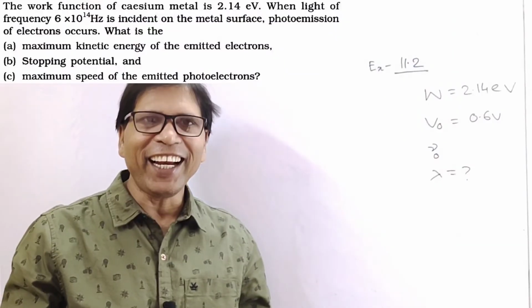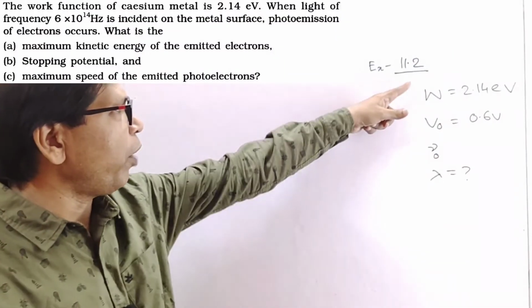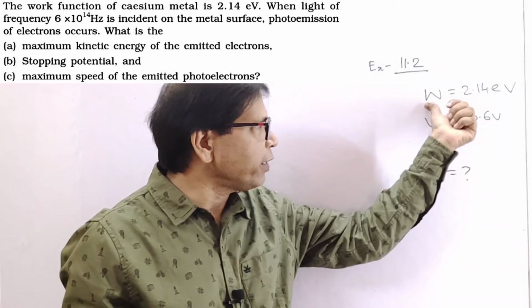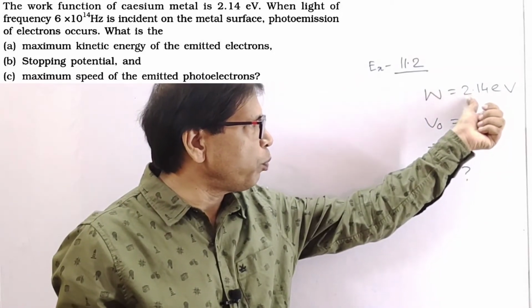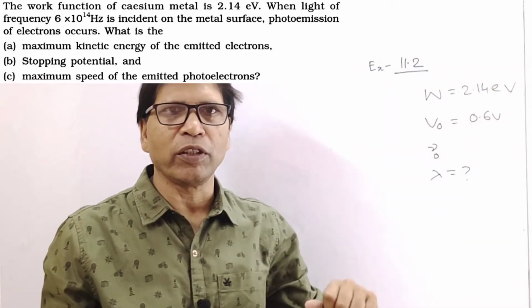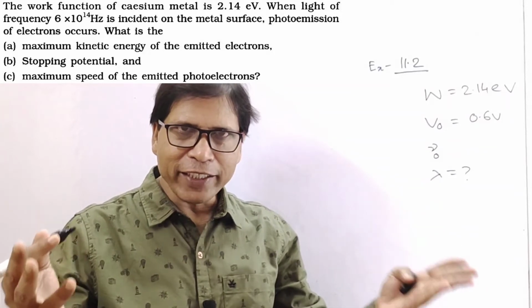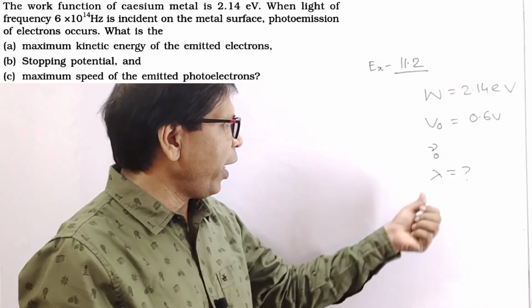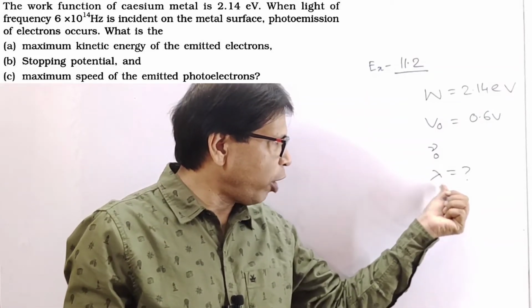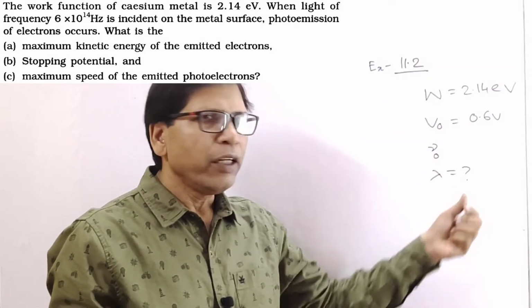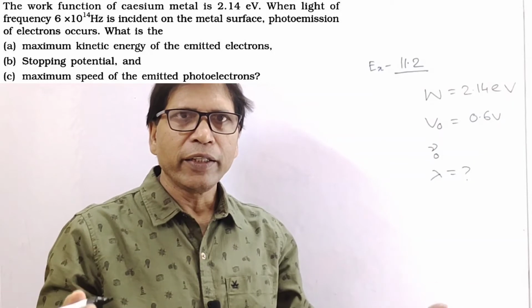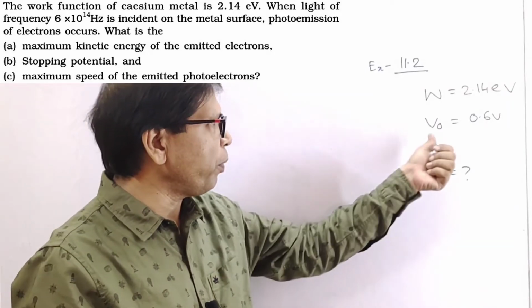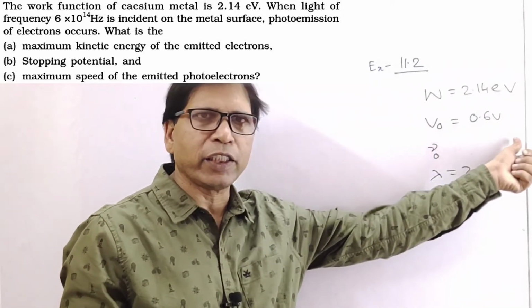Okay. Now NCERT example 11.2. The work function of cesium is 2.14 electron volt. Find its threshold frequency and find the wavelength of radiation by which the stopping potential of electron is 0.6 volt.